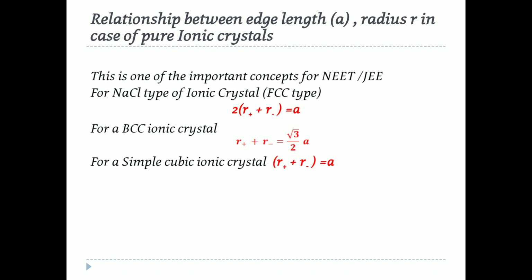Place an anion at the body center in case of BCC, and place one anion at one corner and a cation at the other corner in case of a simple cube. You try it out, or else in my next video I'm going to show the diagram of how these values appear, or how these generalizations have been derived by me.